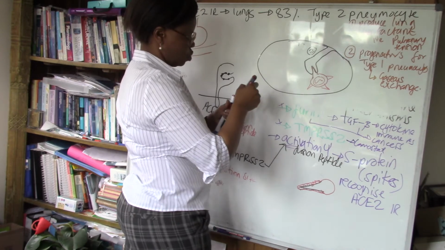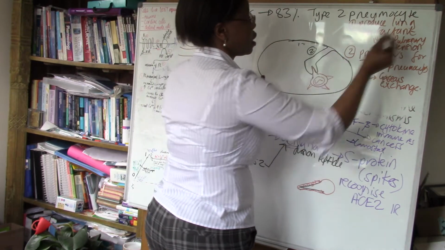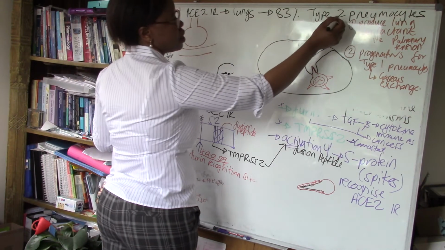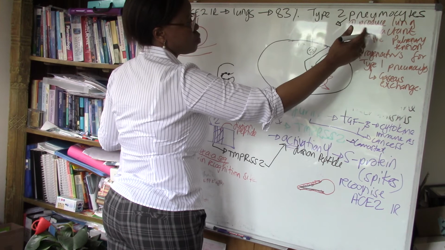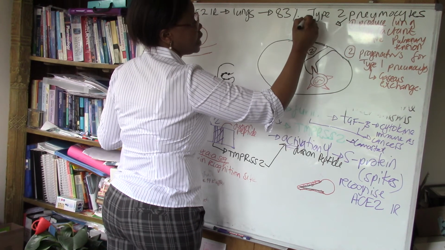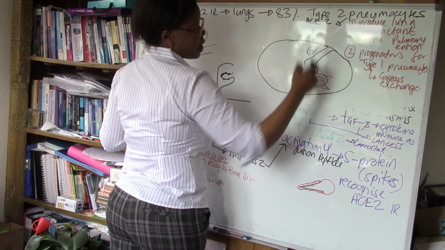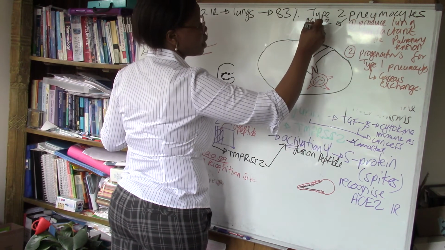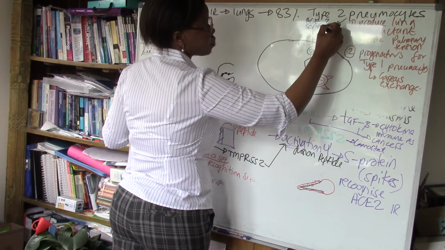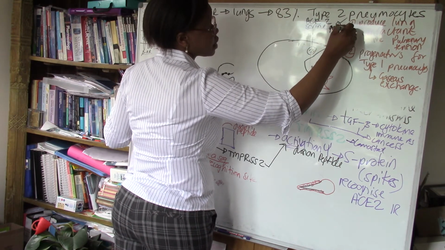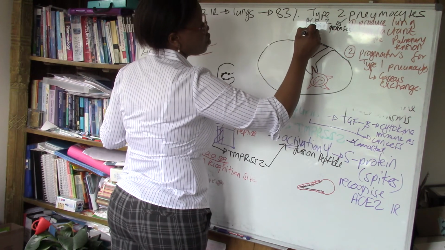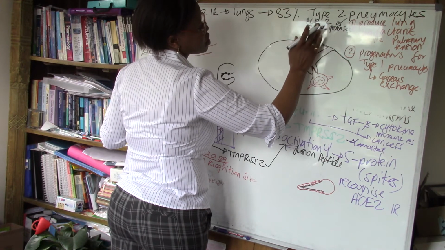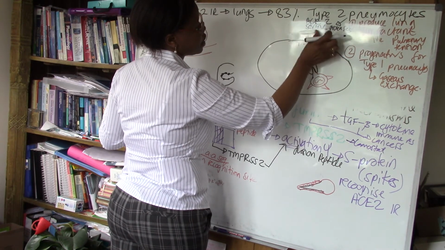So type 2 pneumocytes are very well suited to being infected, because not only do they express ACE2, they have other serine proteases which are required by the virus, and they also have a lot of processes that are required for viral replication.